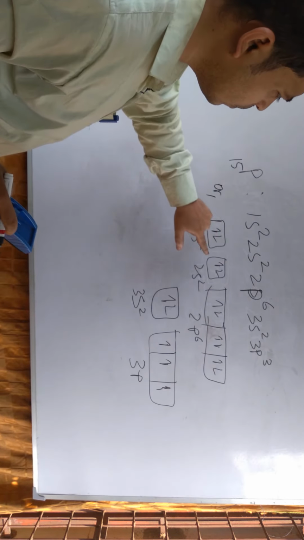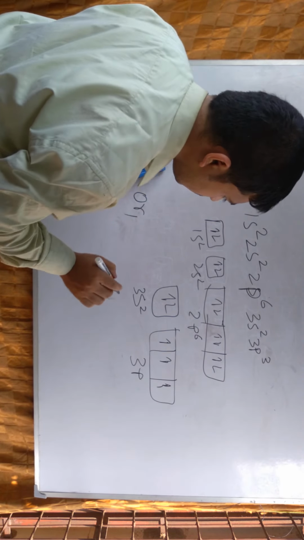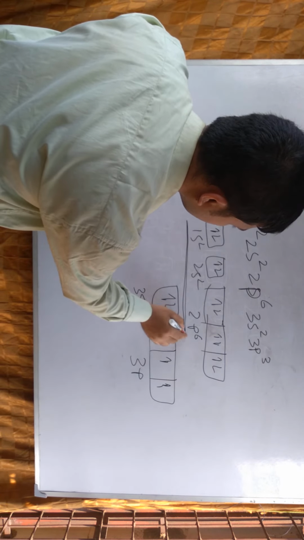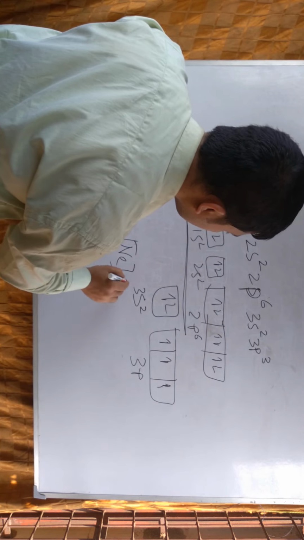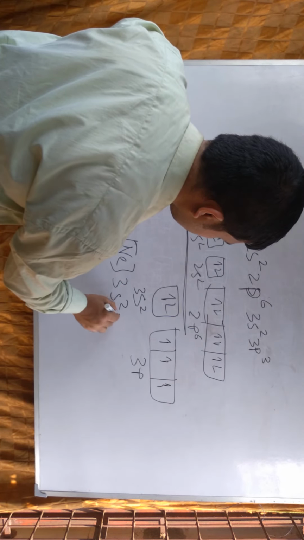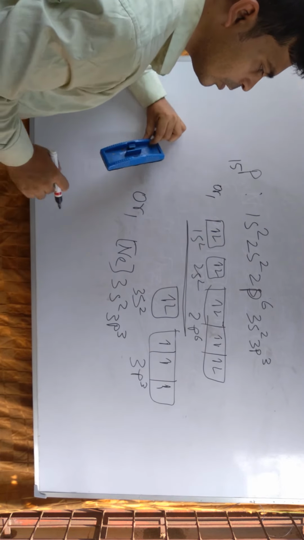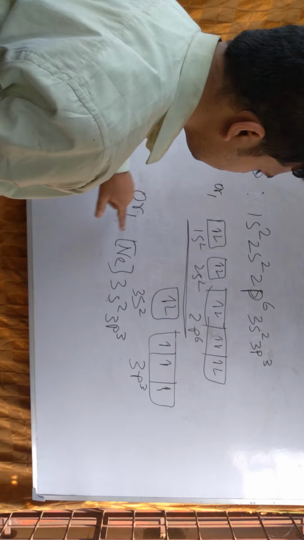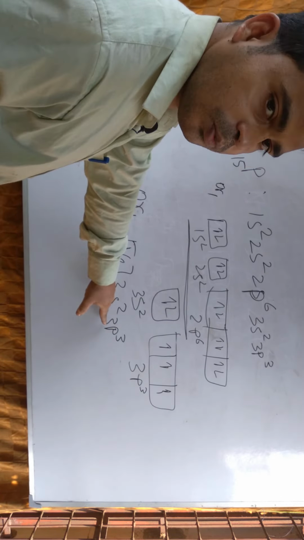So this is the electronic configuration of phosphorus. Or you can write it in a very short form using the inert gas up to 2p6. We know that it is the configuration of neon gas, neon, then 3s2 and 3p3. So this is the electronic configuration of phosphorus in short form.